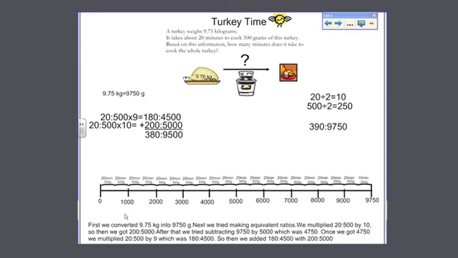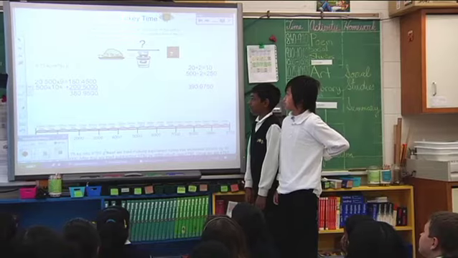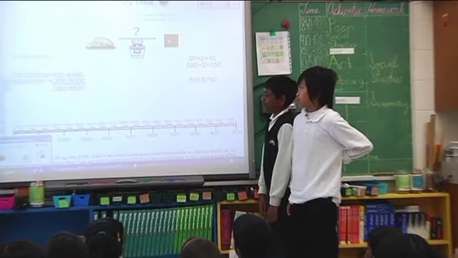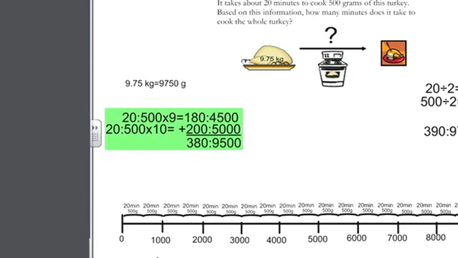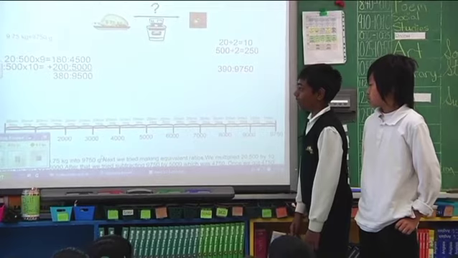So first what we did was we converted 9.75 kilograms into 9,750 grams. Afterwards, because it takes 20 minutes to cook every 500 grams, we made a rate. So it was 20 minutes to every 500 grams. We multiplied that rate by 9 to get 180 minutes for every 4,500 grams.